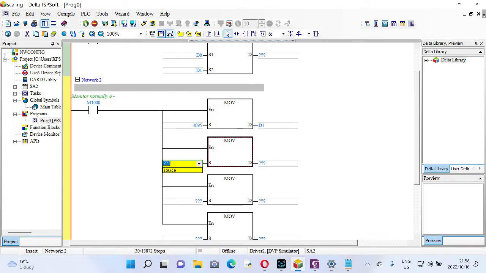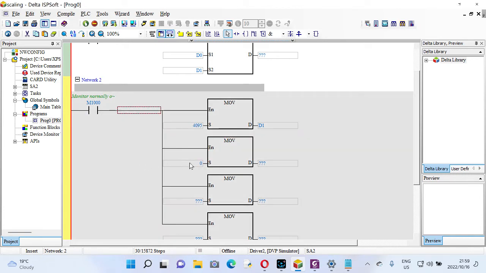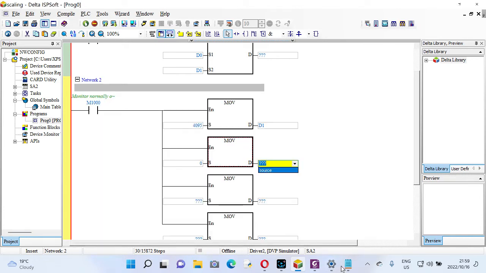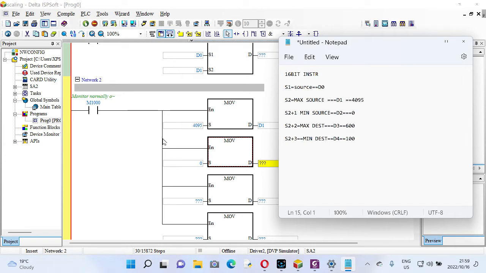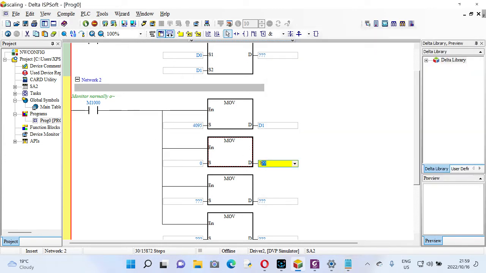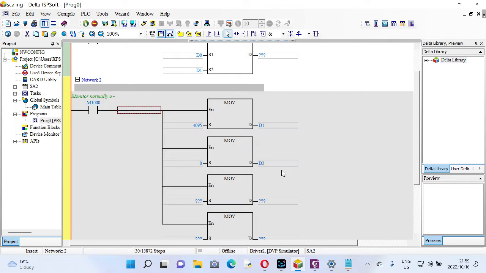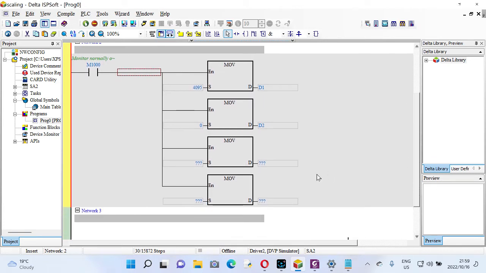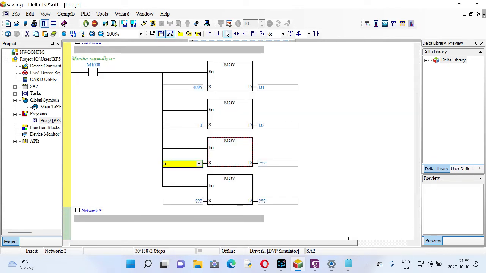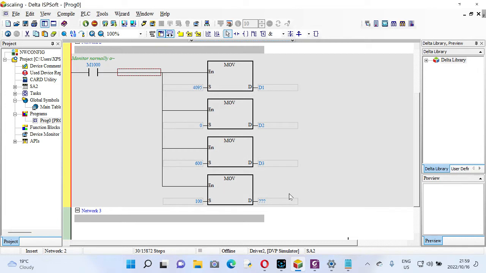And then my next register is 0. This is S2 plus 1, which is D2. My next parameter, I think, is 600 going to D3. The other one is 100 going to D4.